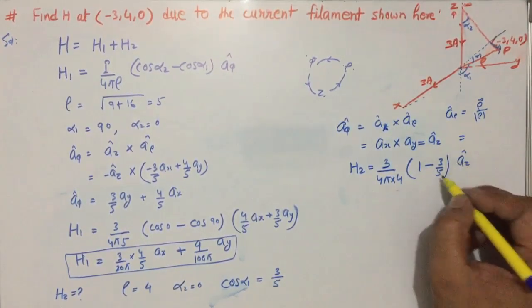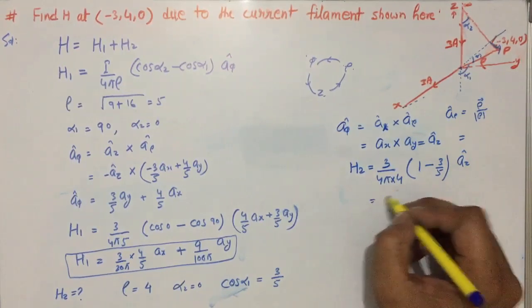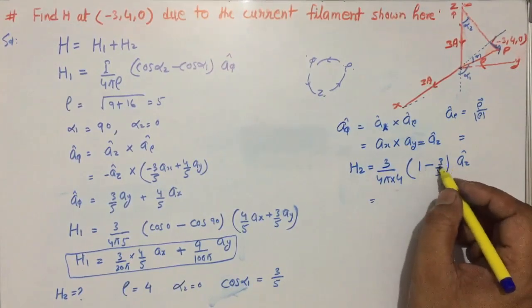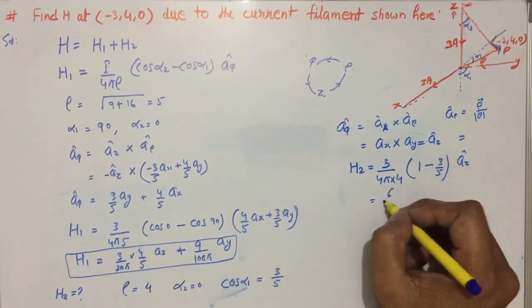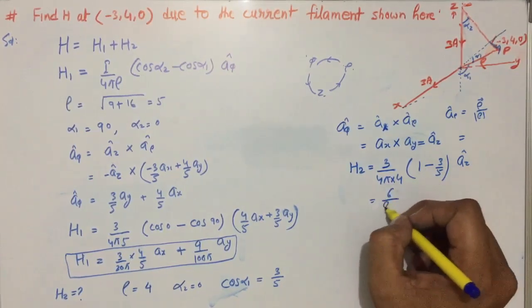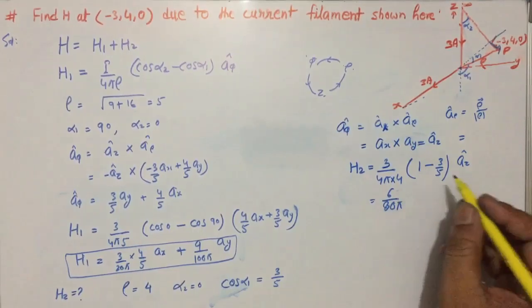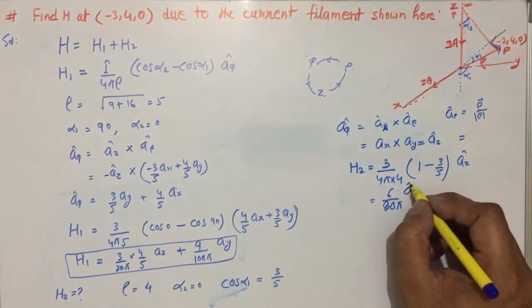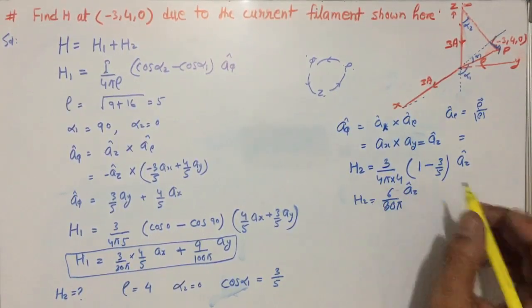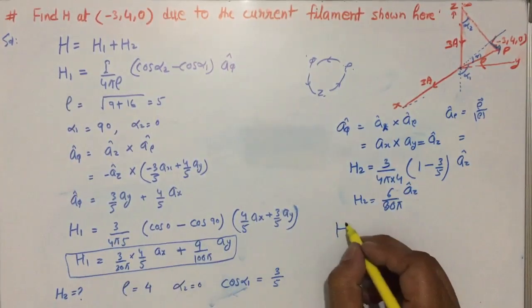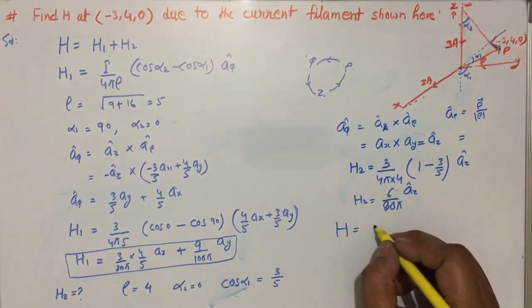Okay, so the things are known to us here now. So it will be 5 minus 3, 2 by 5, 2 by 5, 6 by 80 pi in the direction of az. We have H2 here, we have H1 here. So total H will be H2 plus H1.